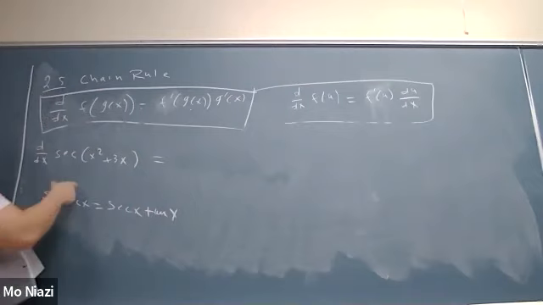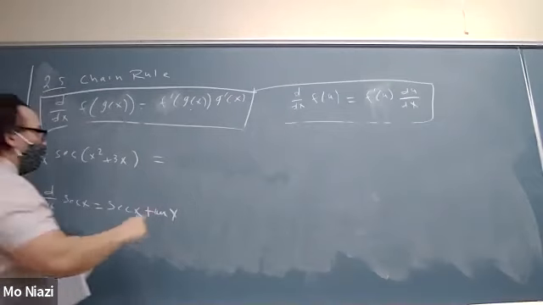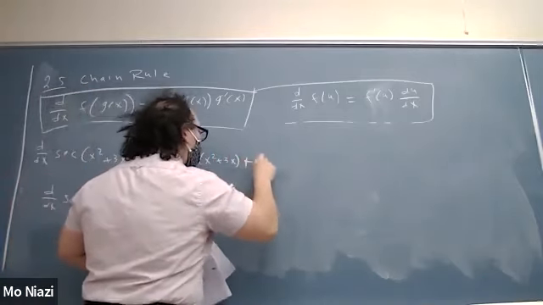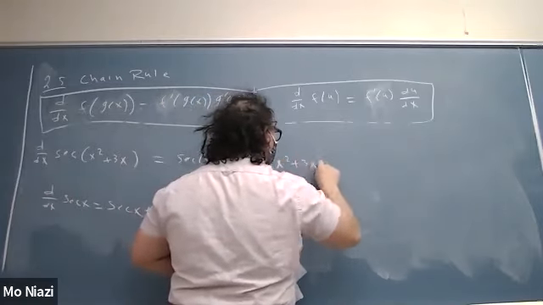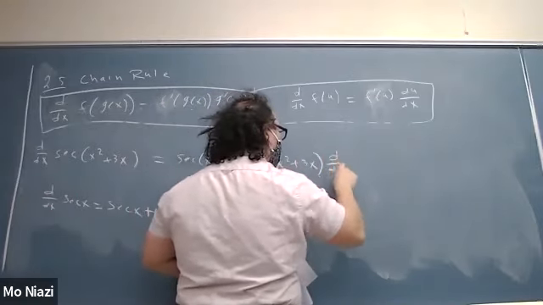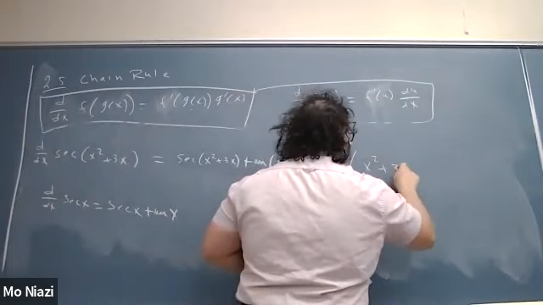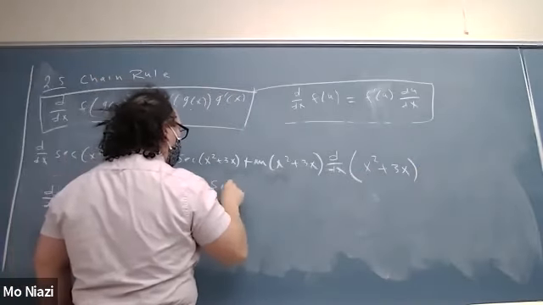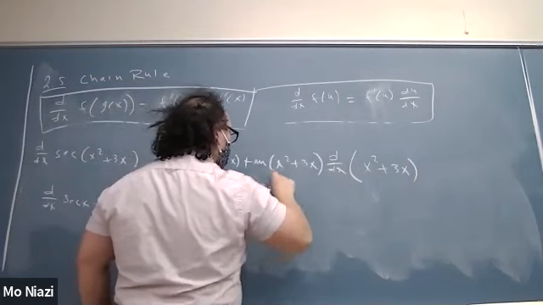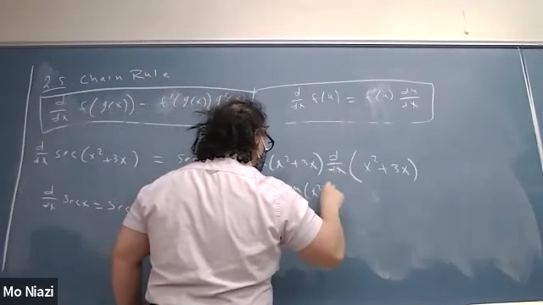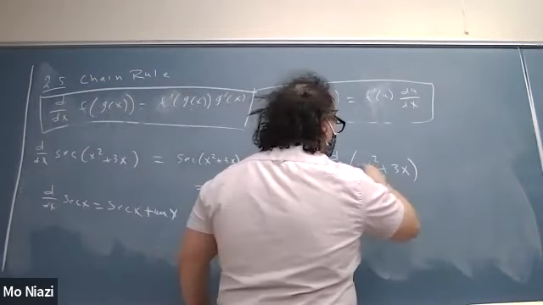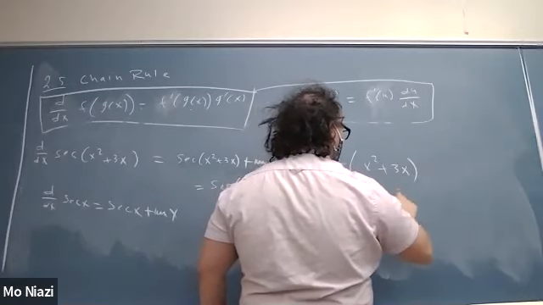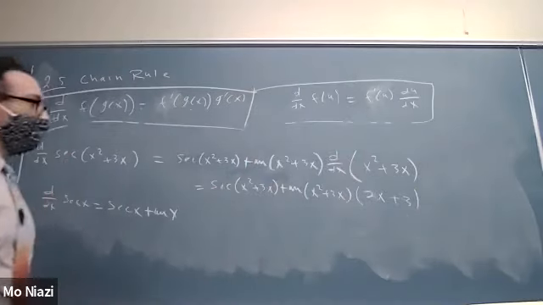So the derivative of secant of x squared plus 3x is going to be secant of x squared plus 3x, tangent of x squared plus 3x. Don't forget now d dx of the inside function. The derivative of this, we bring down the 2 with the power rule. This becomes a 2x. The x goes away here, so this becomes a 3. And we're done.